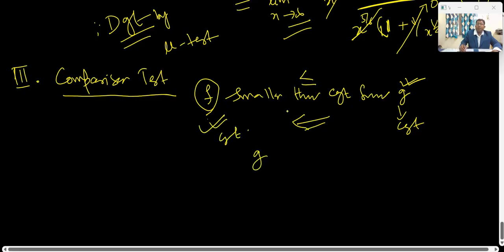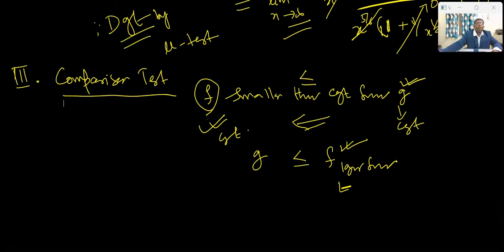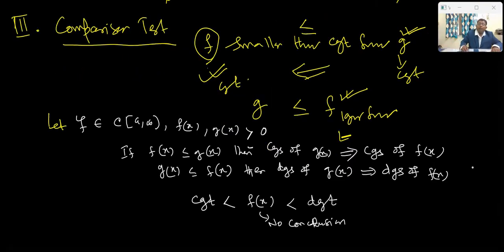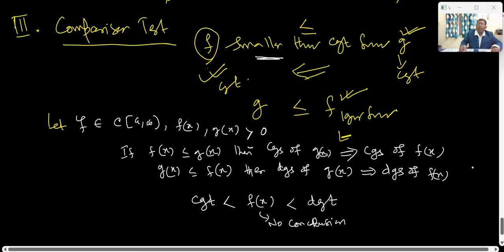Now the moment this is a larger function, and the moment this is divergent, if the smaller function is divergent.